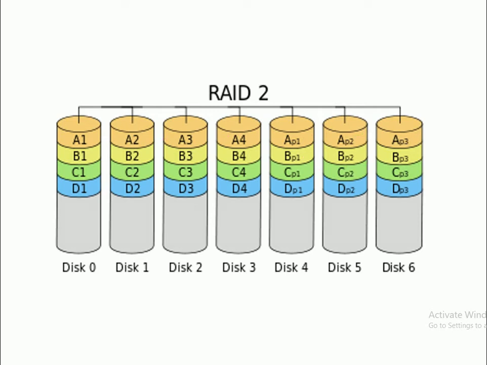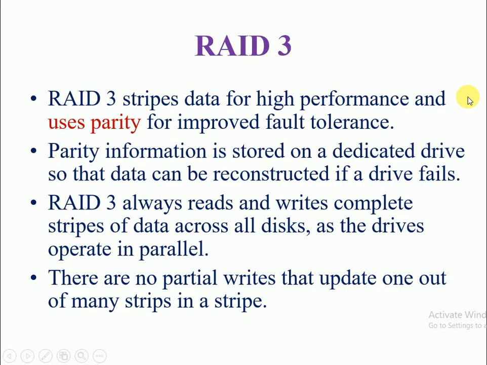Now we will move to the next level, called RAID 3. It also stripes data for high performance, and it uses parity for improved fault tolerance. Rather than using mirroring, which was the method used for fault tolerance in the RAID 1 architecture, RAID 3 follows parity storage.